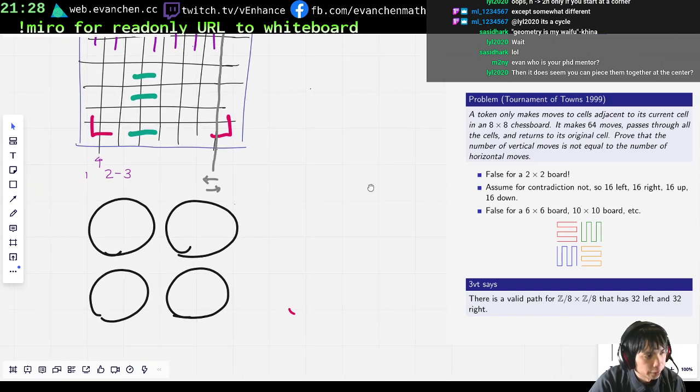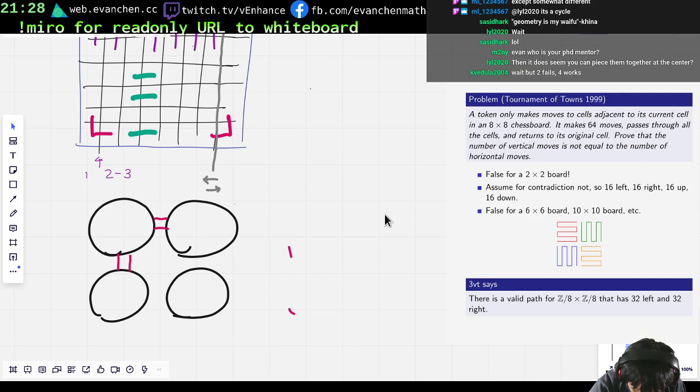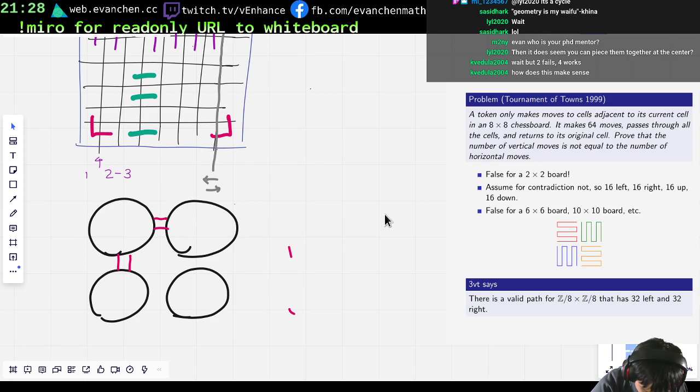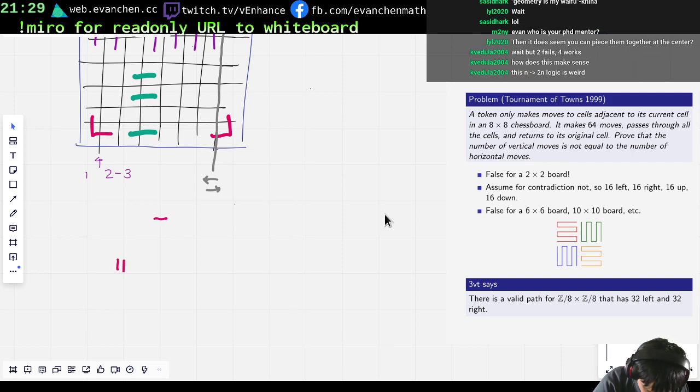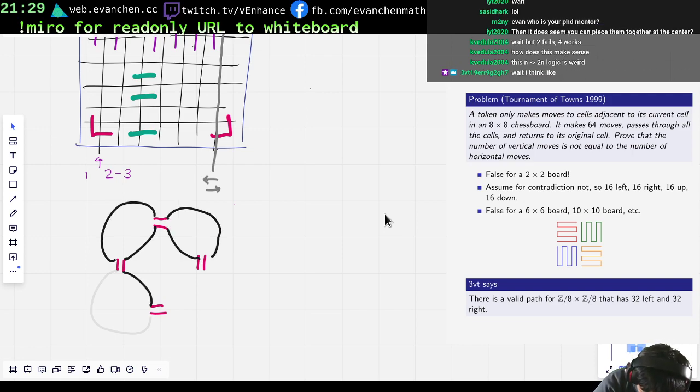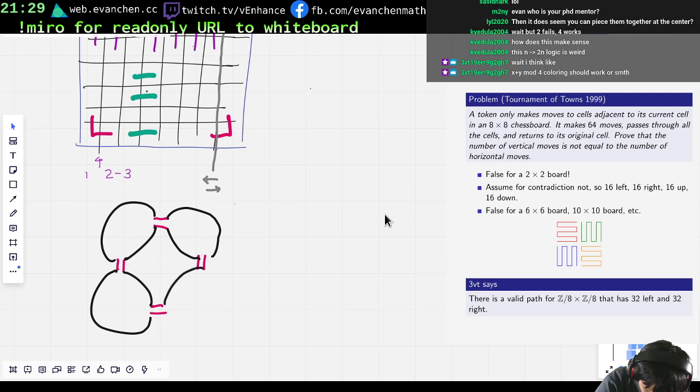If I have 4 loops, can I put them together to make one big loop? No, sorry, this is too disjoint.